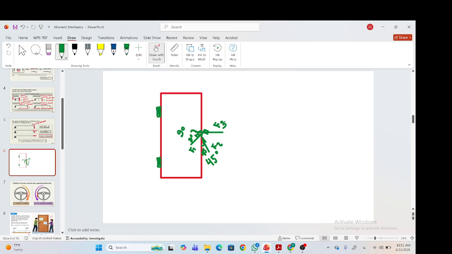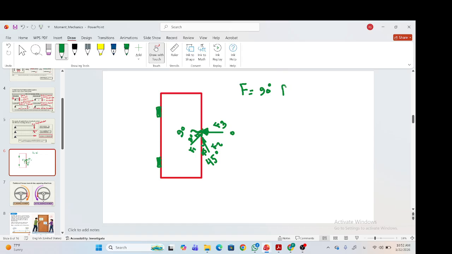And F3 will be applied directly on the axis of the door, but we do not have any angle. This one, the angle will be 0. Which one is the most effective? F1, sir. F1. Why? Because whenever we want to apply force, it must always be applied at 90 degrees.